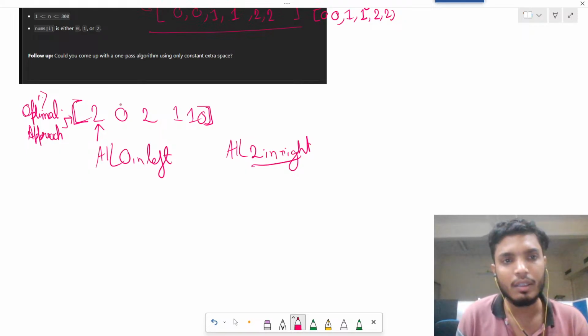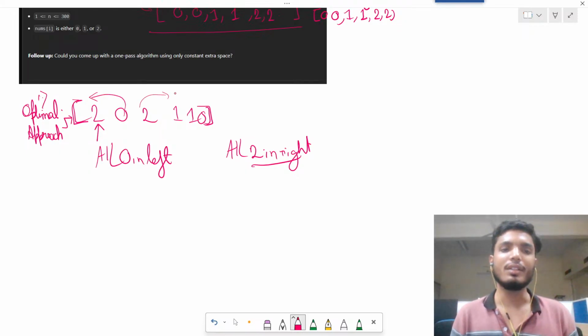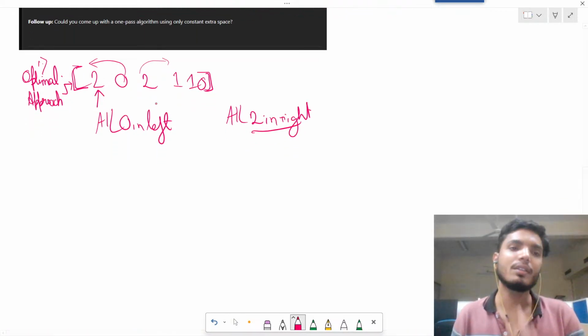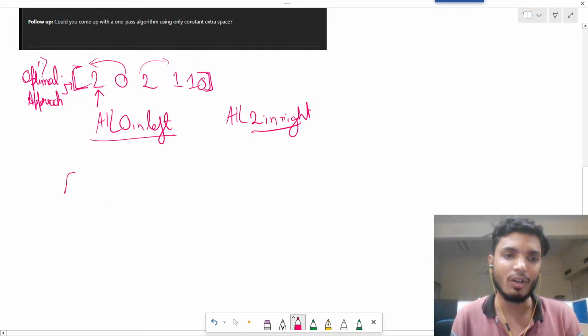So all the zeros will be in the left and all the twos will be in the right. This is how we can achieve it. Let's first think about this: all zeros in the left, how will you put all the zeros in the left?